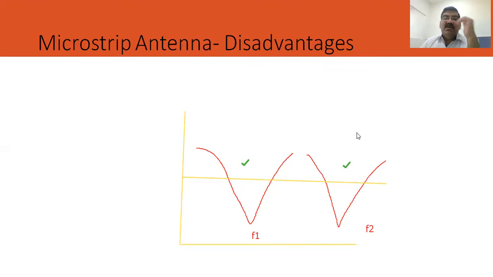So any external property of the antenna can be changed. This is what I am saying in terms of the frequency. Or sometimes you can have linear polarization or circular polarization. That way also you can change.